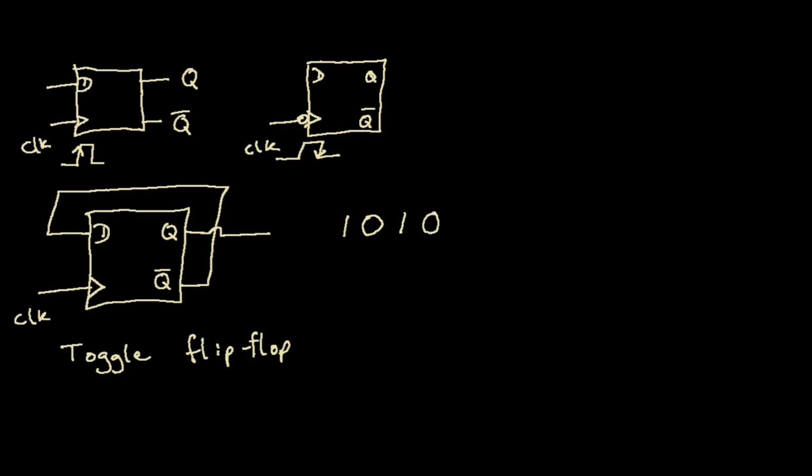Remember that in VHDL you have entities and you have architectures. Everything is an entity. So if we define our entity here, we defined it with the name TFF.